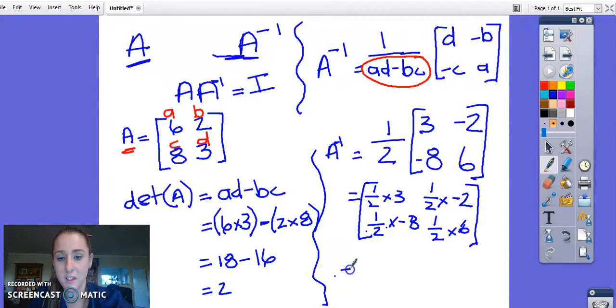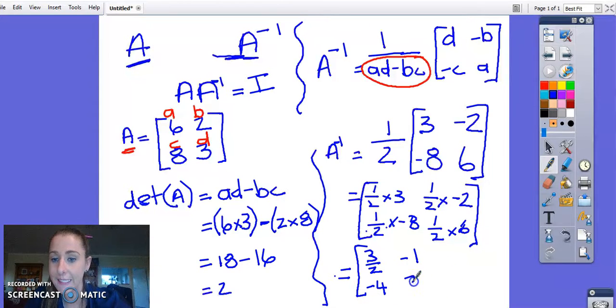Which will give us, of course, 3 on 2, -1, -4, and 3. So that is our inverse matrix.